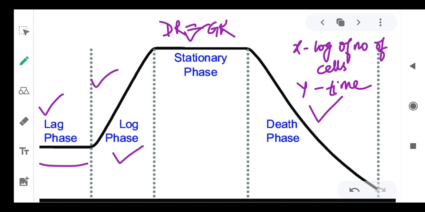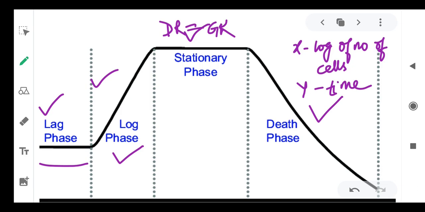So the organism will compete and produce certain secondary metabolite as a weapon to kill other organisms. So there is start of the death of organism, but here the growth rate is equal to death rate. So there is no net increase in cell number. As a result, you get a plateau in your graph.